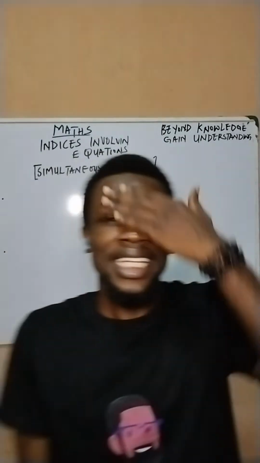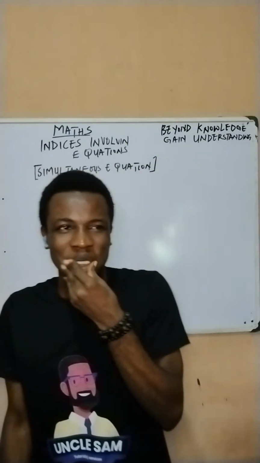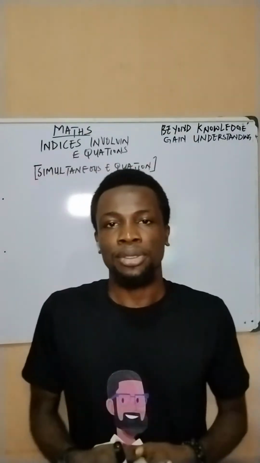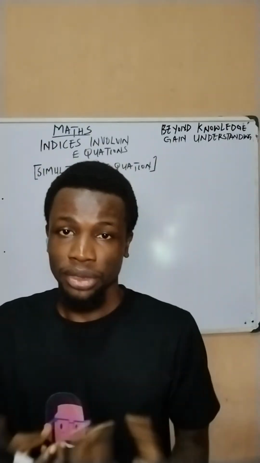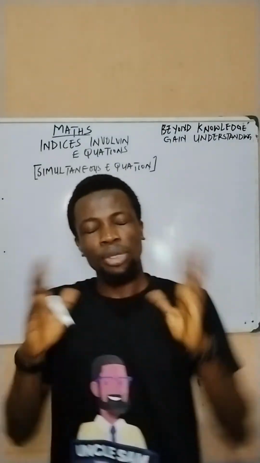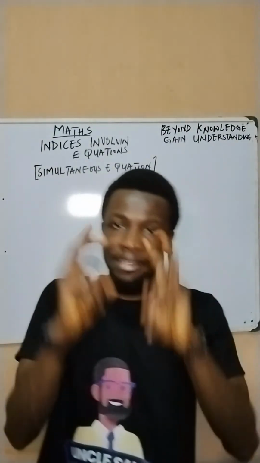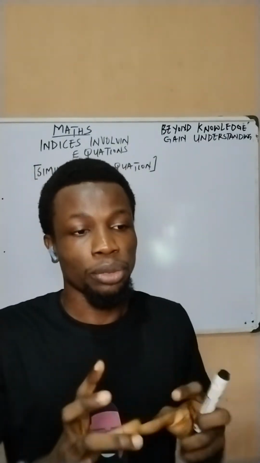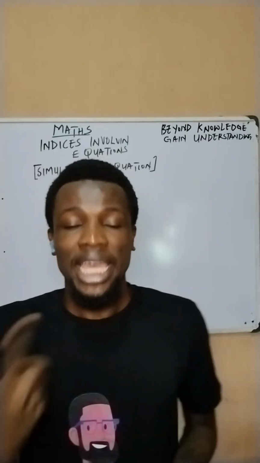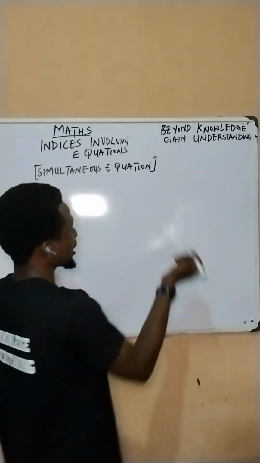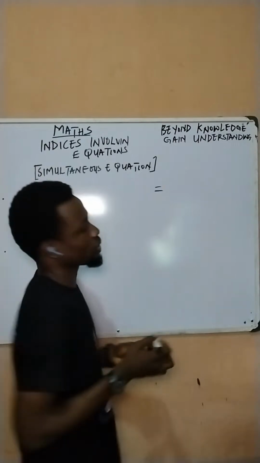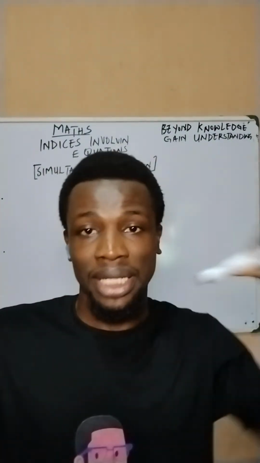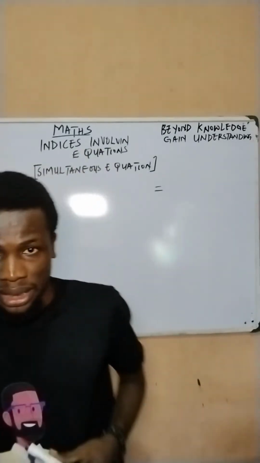Now, indices involving equations is quite an interesting one. Last week I spent time to talk about the concept of an equation, to give a brief intro about the whole concept of equation. And I gave two very important points about what every form of equation must have. First, every equation must have an equality sign that separates the two parts, what is on the left hand side and what is on the right hand side.